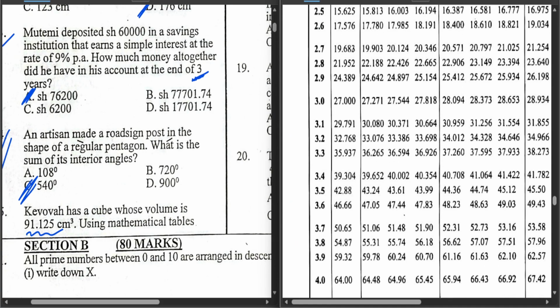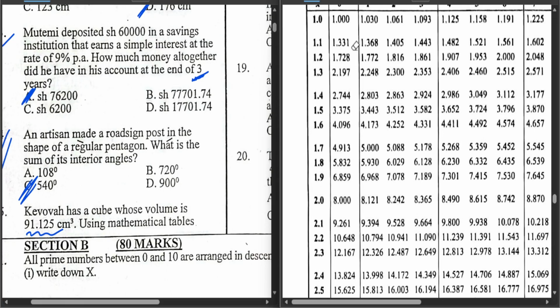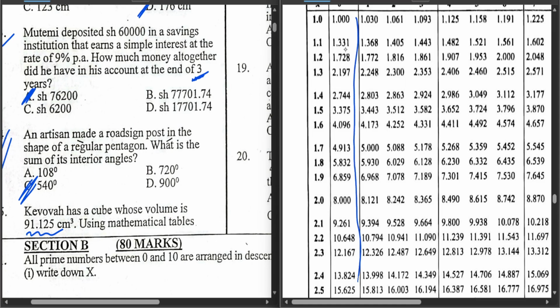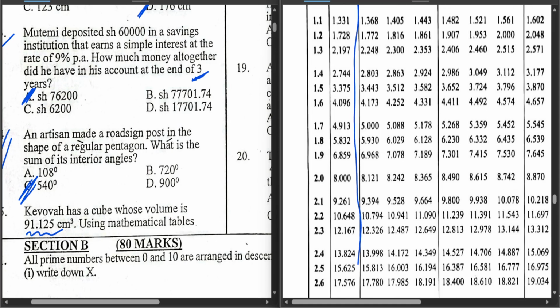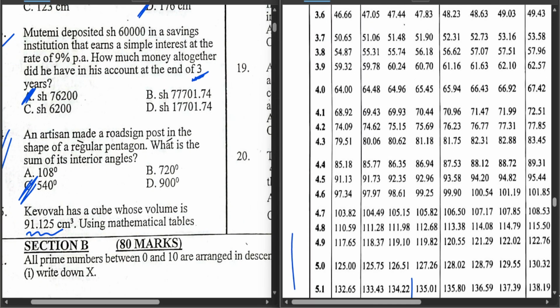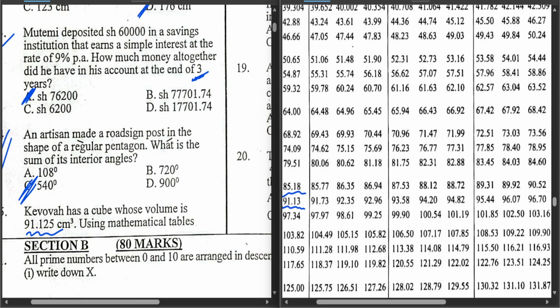Let's start from the beginning so that you don't get confused. So you start from here, you go down until you get 91.125, which now we are here. That is at least very close, but still it has passed. So still you'll finish it here, and then you go more to the right, until you get 91.1 somewhere.